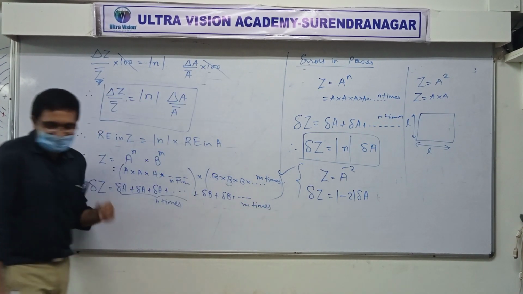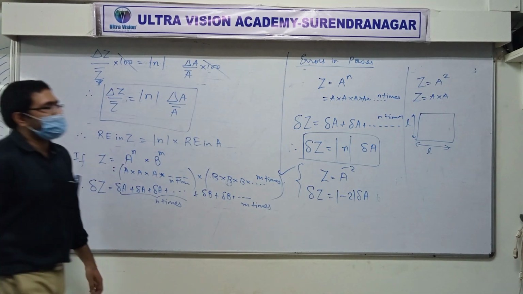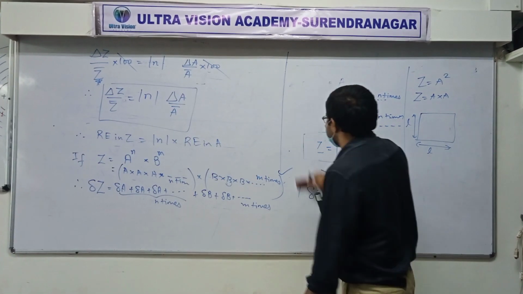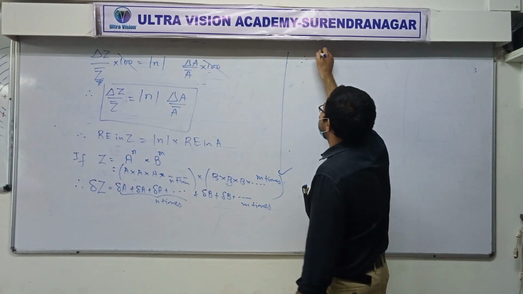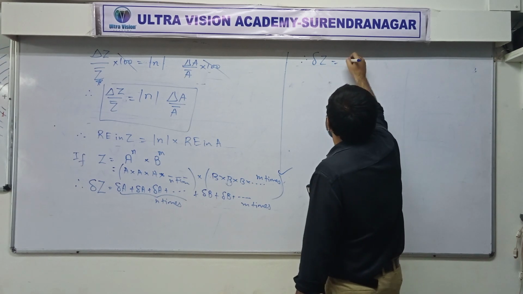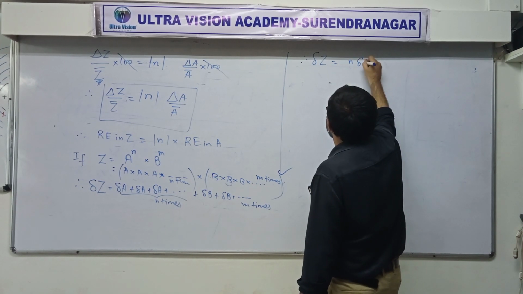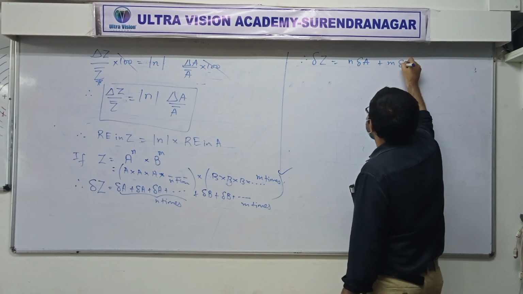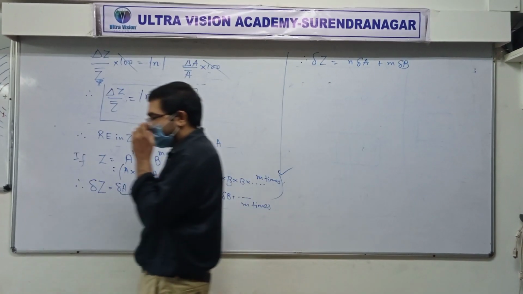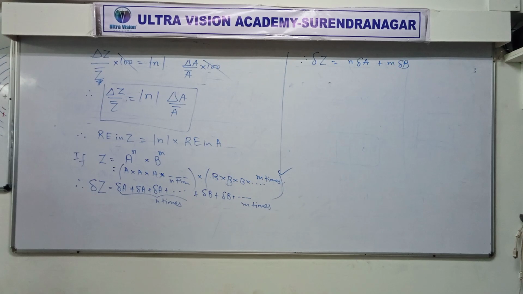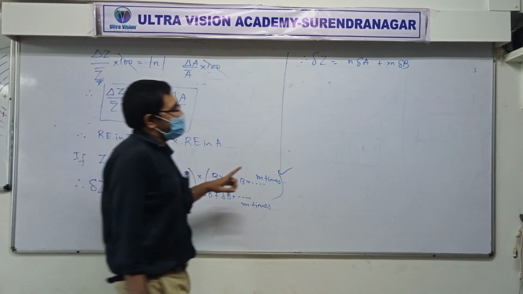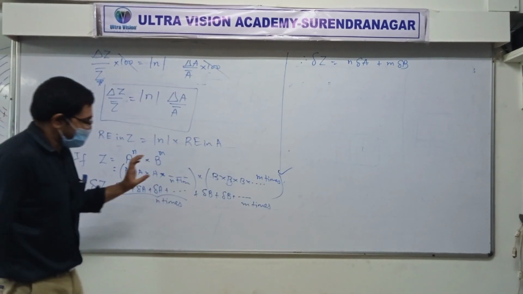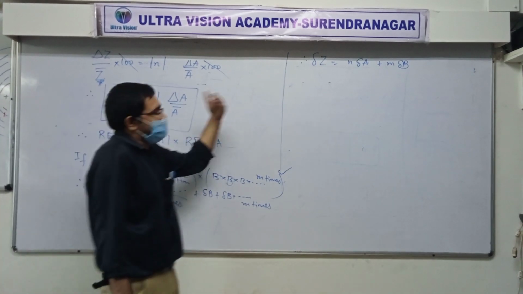So now we have to add everything. So this will give del z is equal to... clear or not clear? Yes. Everyone got that? This is the same as what we have done earlier. Just taking these terms together, n times del a and m times del b.